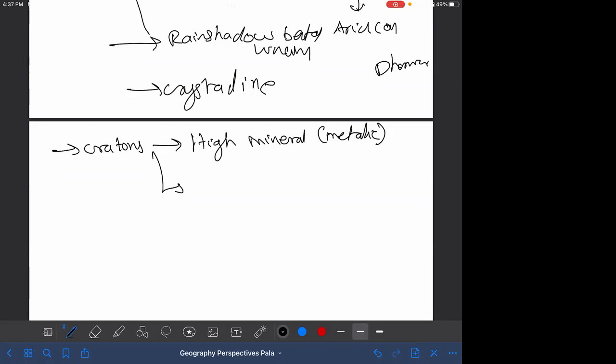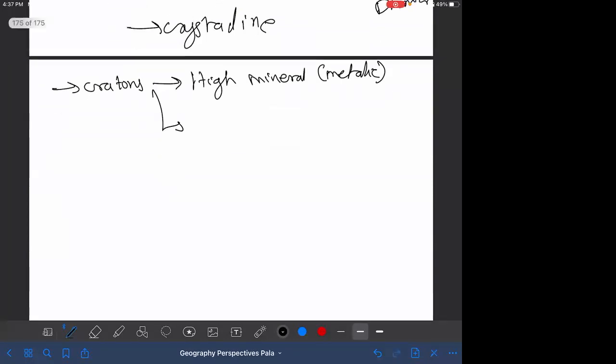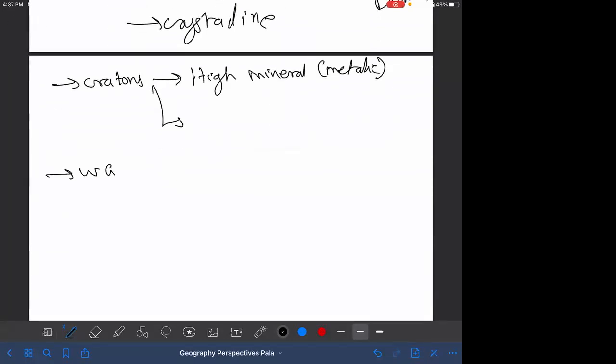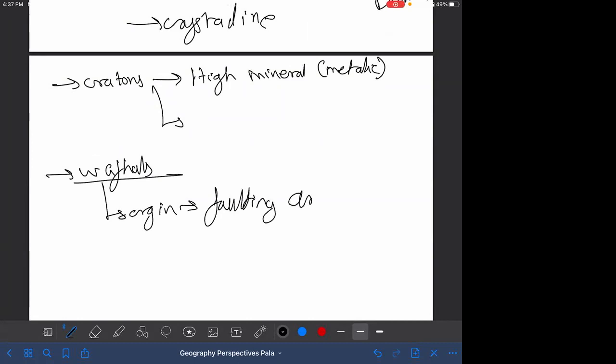So again, that's an extension of the physical setting, physical geography of the region that can be understood, right? Similarly, we can study about Western Ghats also. What is the origin? Origin is faulting during the Quaternary period. Faulting has led to a creation of escarpment.